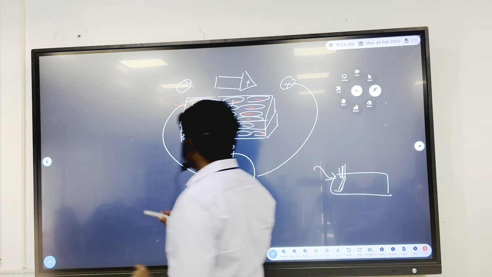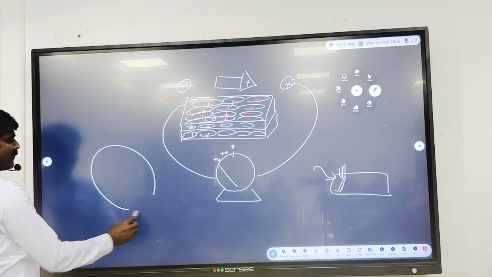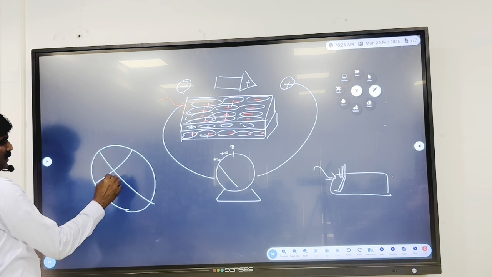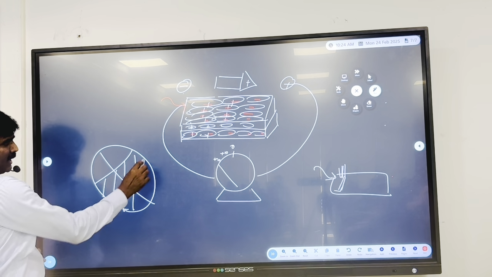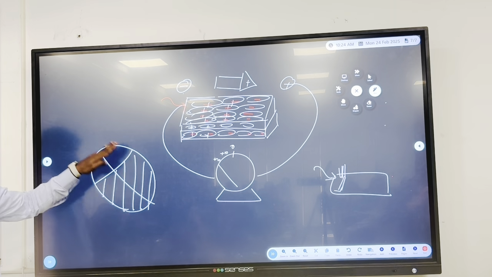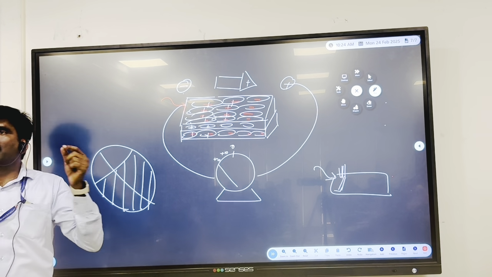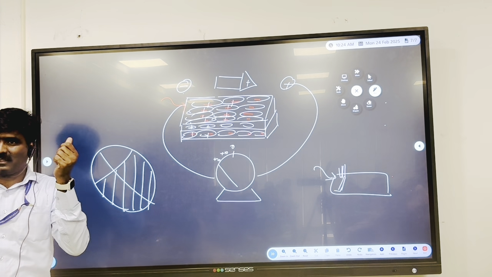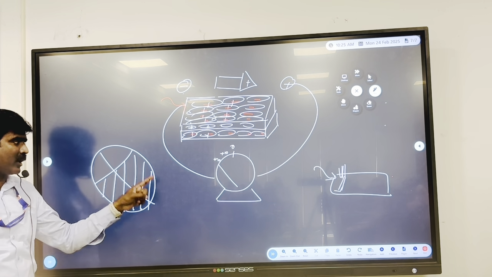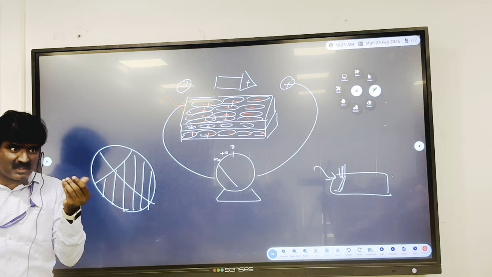Why? This is the ventricle, right? And the upper atrium. Atrial myocardial muscles are thin muscles. Ventricular myocardium are thick muscles.